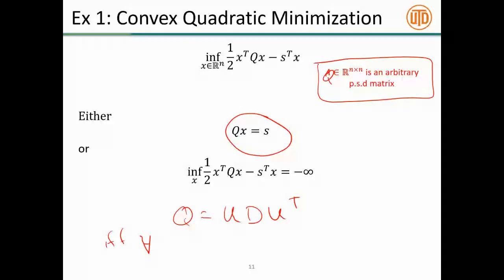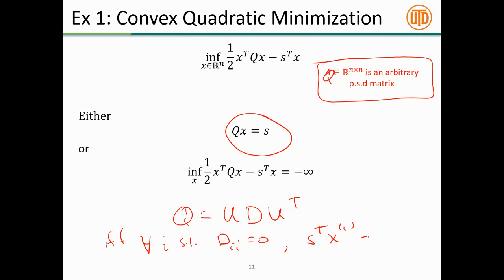For all, so I'm going to use this little upside down A, which is the standard mathematical abbreviation for all. For all i such that d_ii is equal to 0, it must be the case that S transpose x_i is equal to 0.